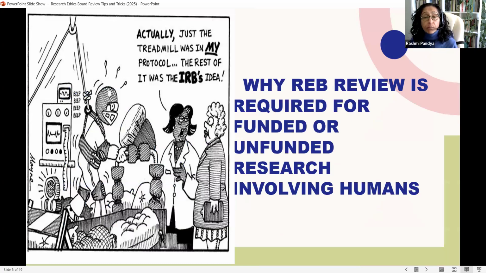When people think of the REB, I think this comic summarizes their perspective. They go in with one idea and they come out and it looks very different to what they started with.